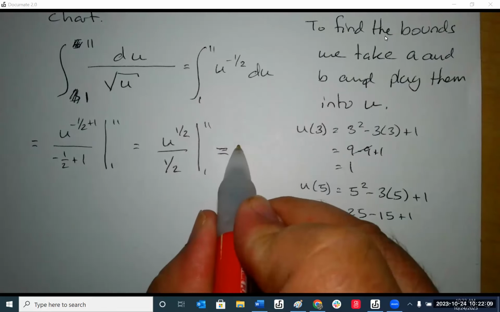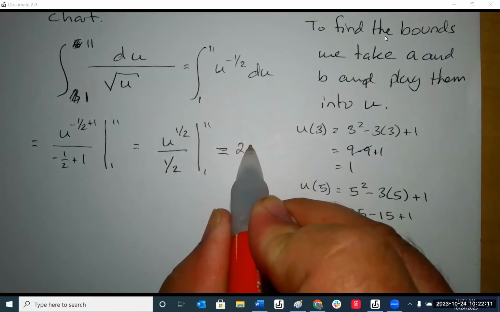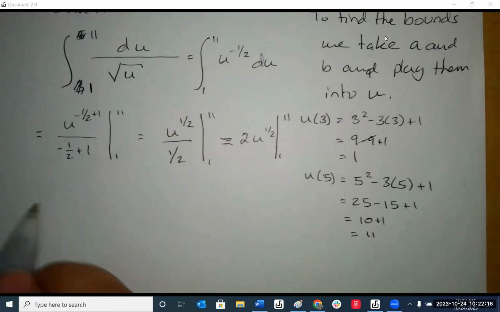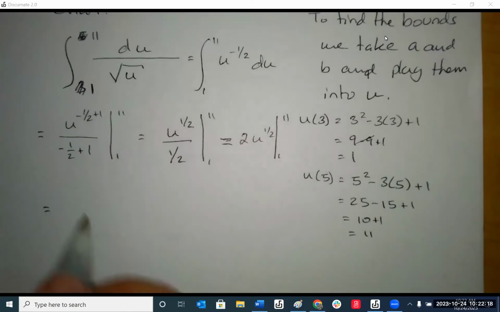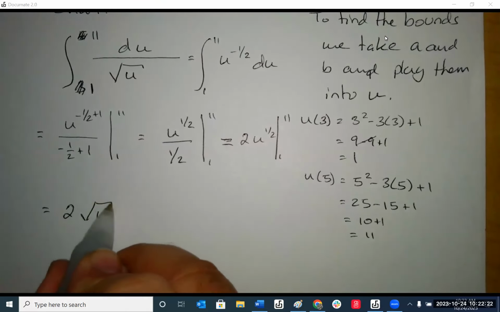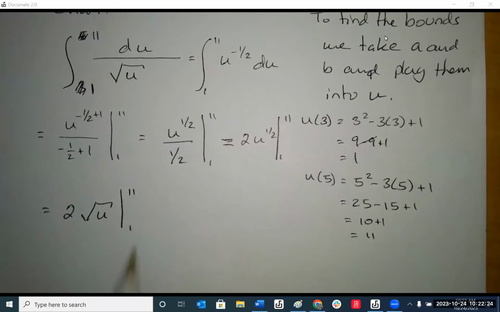This 1/2 on the bottom becomes 2 u to the power 1/2 from 1 to 11, which is 2 square root of u from 1 to 11.